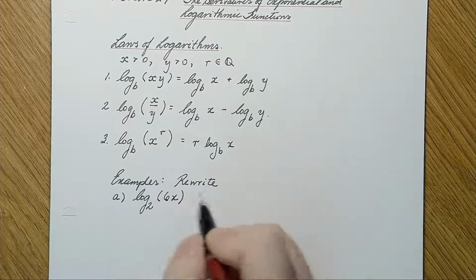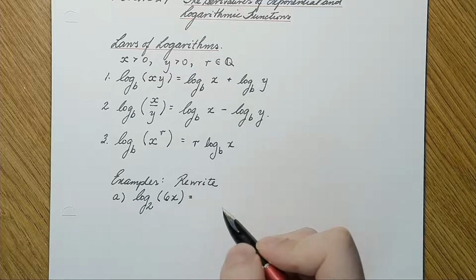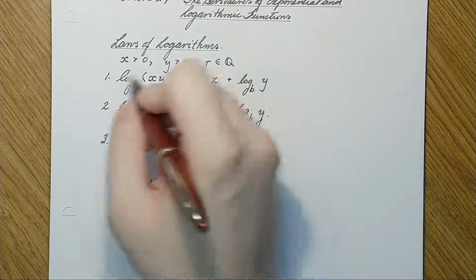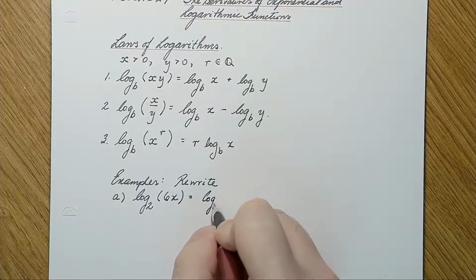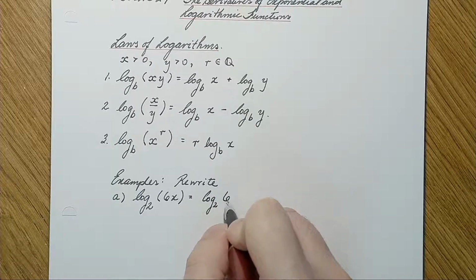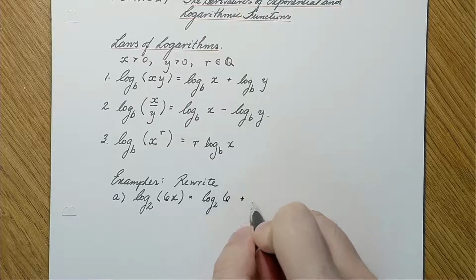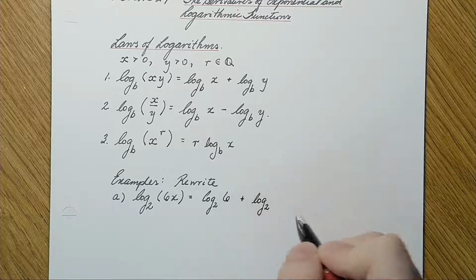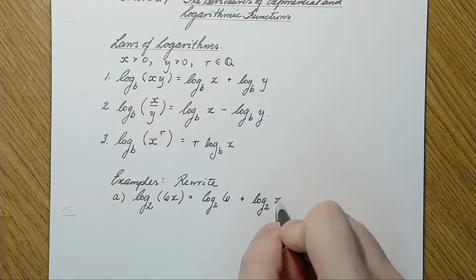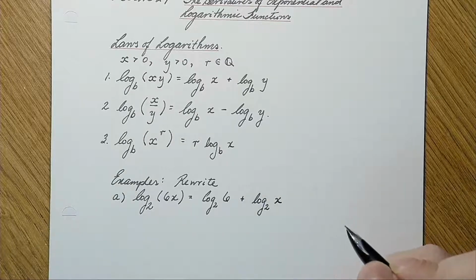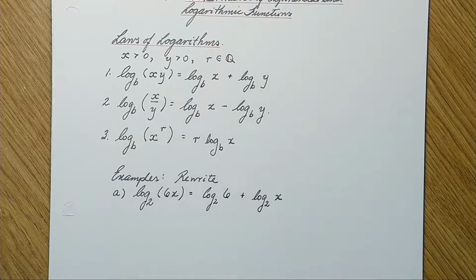Well, we can equivalently write that, using rule number 1 here, as the log base 2 of 6 plus the log base 2 of x. So we can split those up.